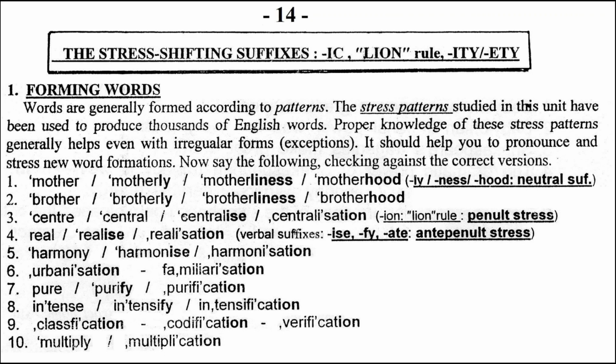The line rule simply says any English word ending in the letter I or the letter E or the letter U, followed by a vowel, usually 1 vowel or 2, any number of vowels, plus optionally followed by any number of consonants, optionally followed by the silent letter E, the stress will fall on the penult.